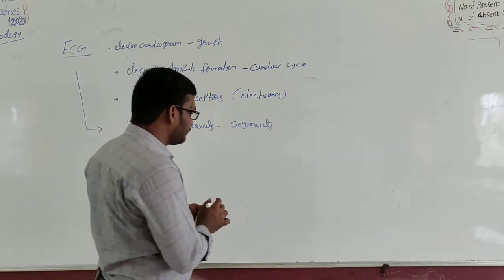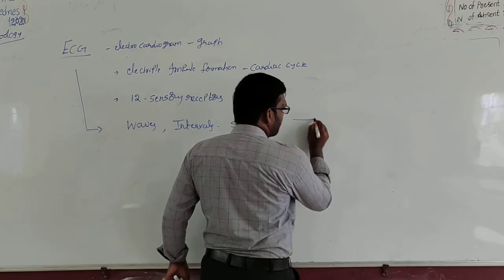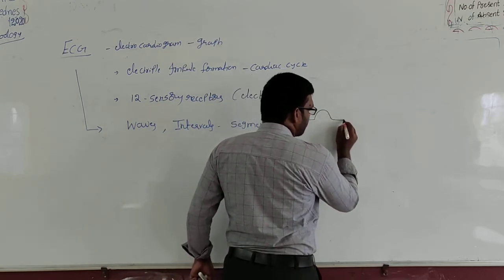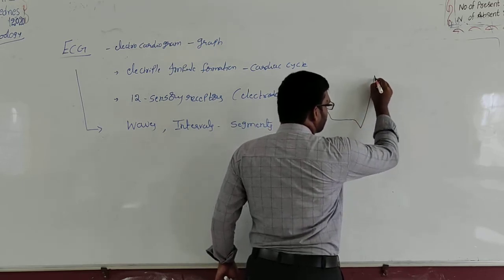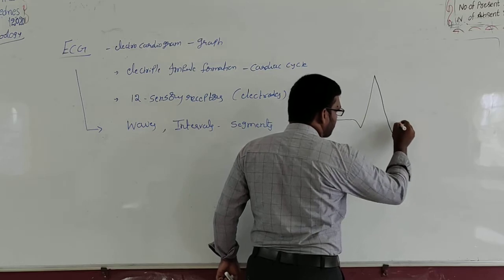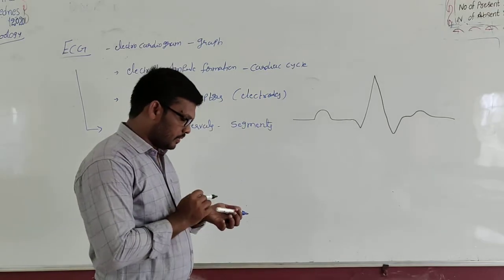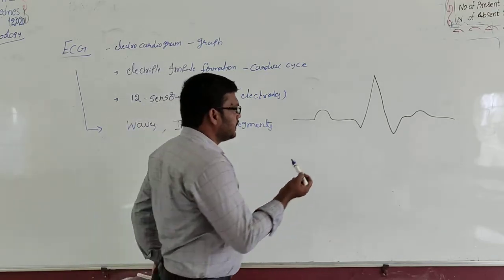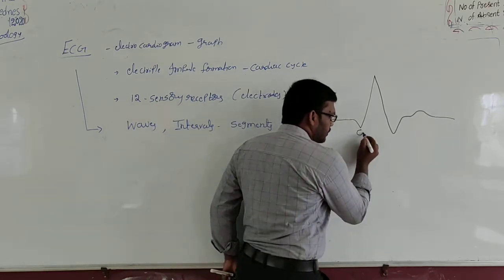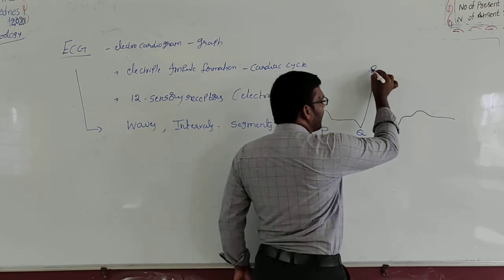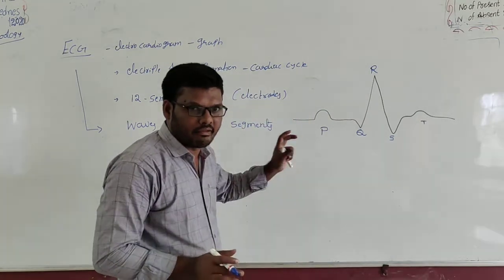Now here, see, this indicates P, it is Q, R, S, T. These are waves.